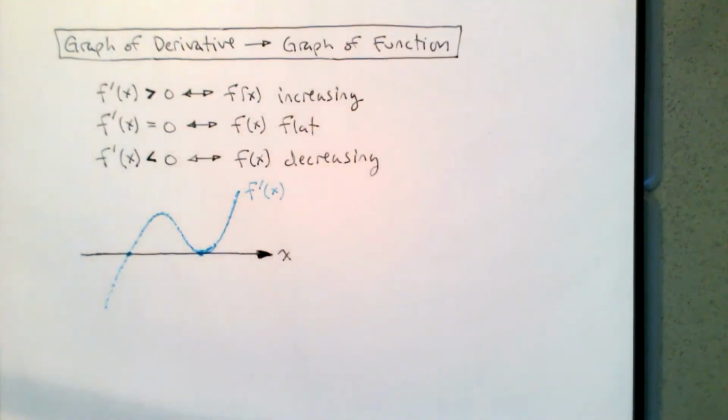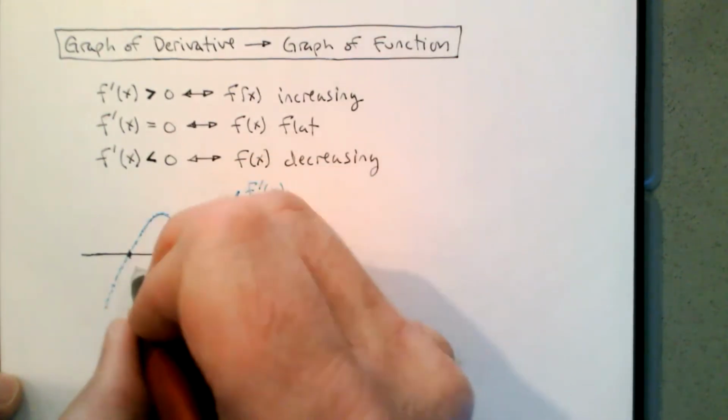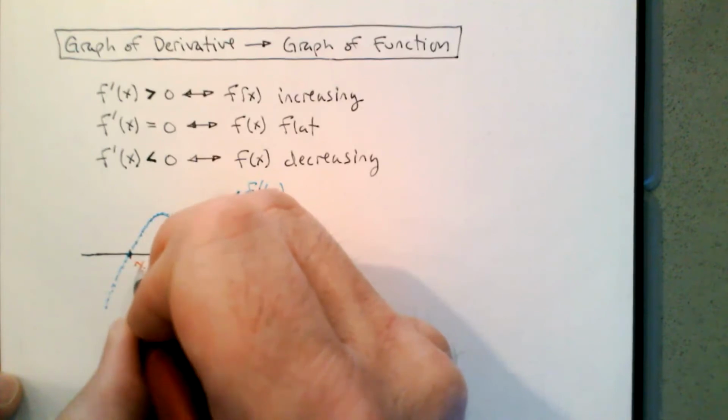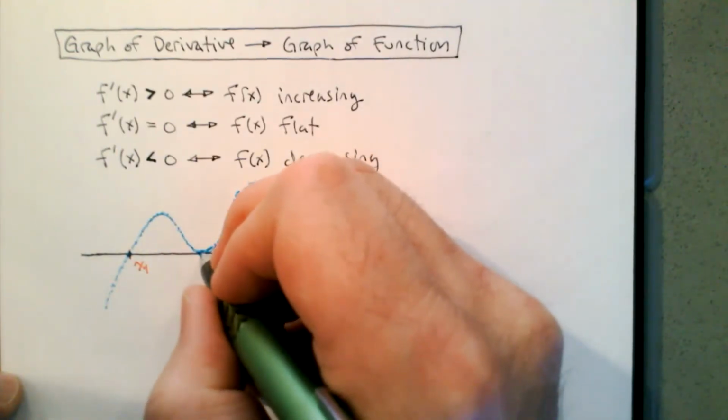So here we're looking at a derivative. I'm going to mark these points where the derivative is equal to zero. I'm going to call this first one x1, and the second point is going to be x2.